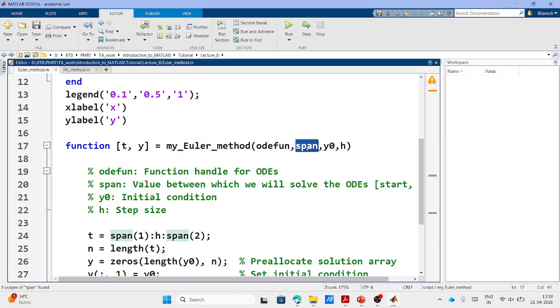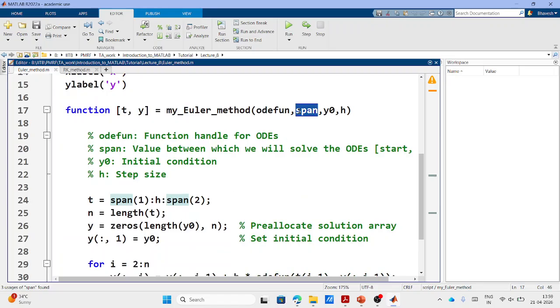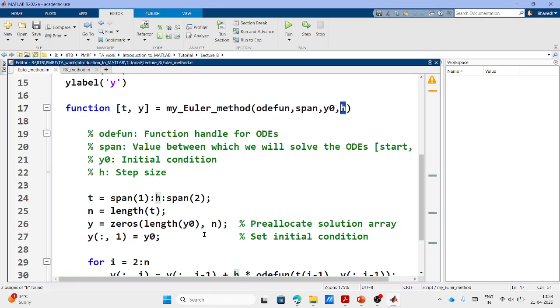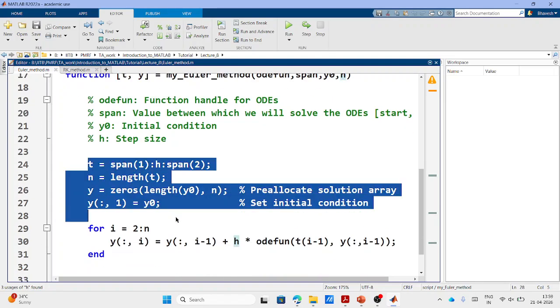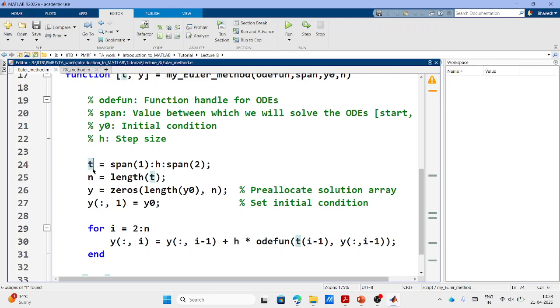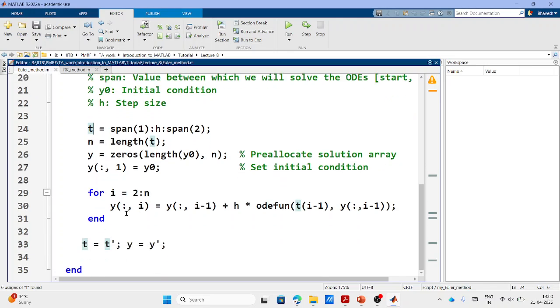I provide the function, the time span over which I want to find the values, the initial value y0, and the step size. Once I know the time, I can find the next value as the previous value plus h times the ODE function, providing the time and y value.